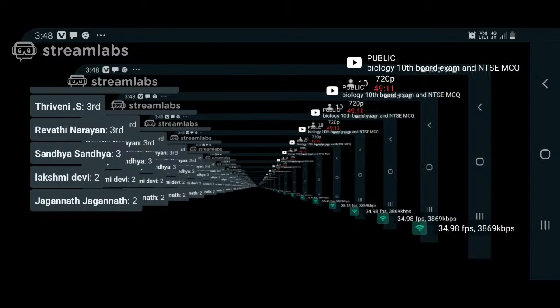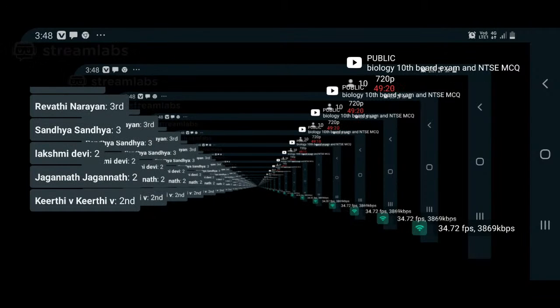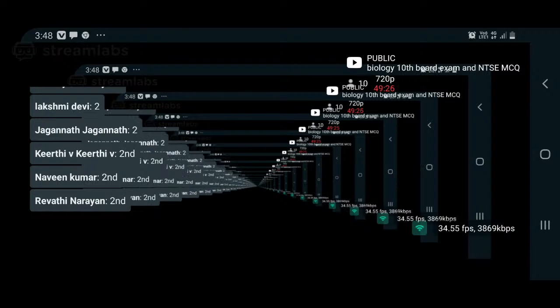Yes, Dikshita answered. It is spinal cord. Yes, Dikshita, it is the correct answer. Second option, spinal cord. Spinal cord is responsible for immediate withdrawing of the leg, and this process is called as, what is the name of the process?